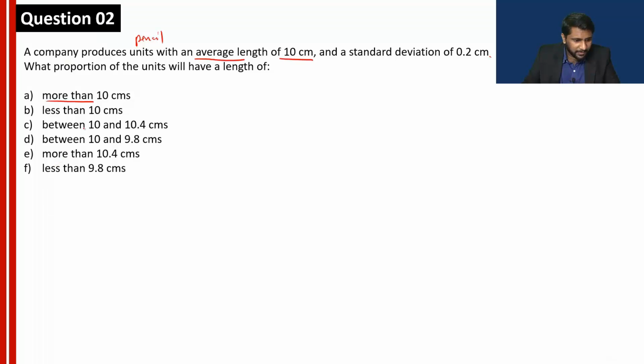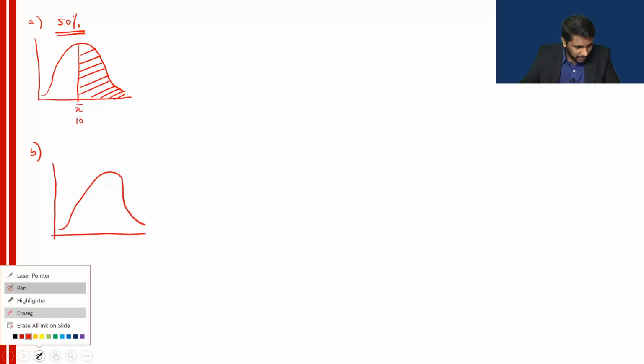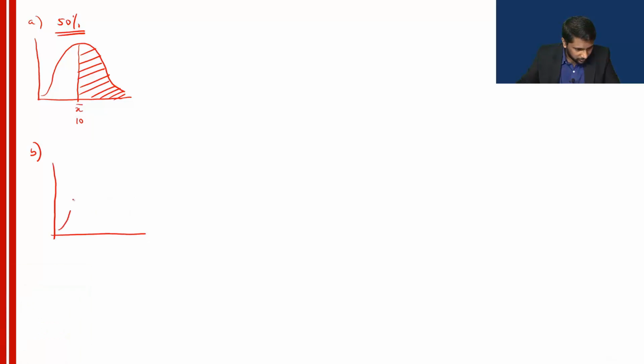Question B, what I am asking: what's the chance of a pencil's length being less than 10 centimeters? Less than. Then here again you have to draw the bell curve. Draw the bell curve. I'll draw it again, and mark your mean.